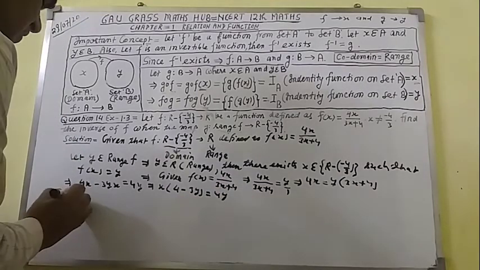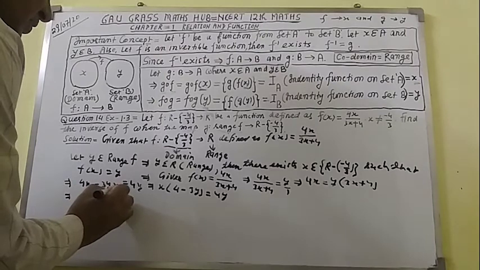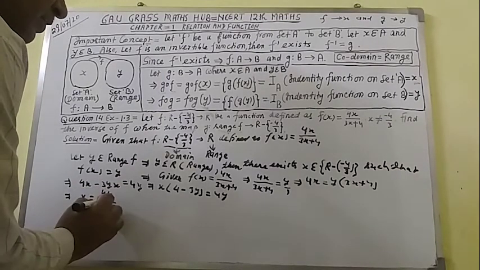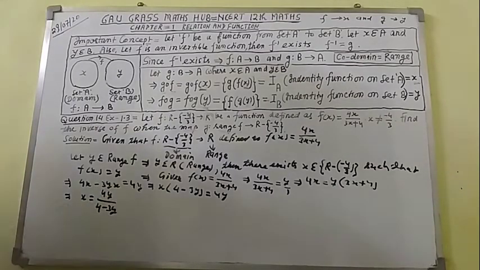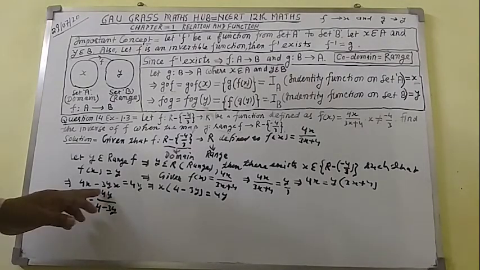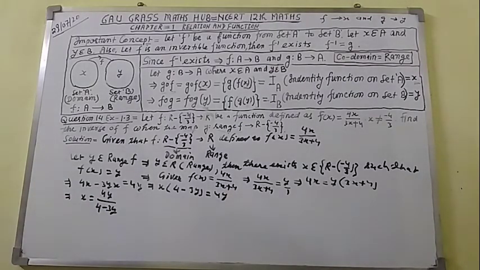On that basis, you will get x equal to 4y over 4 minus 3y. The value of x we have got here: x equals 4y whole over 4 minus 3y. So this is the value of x you have got here.